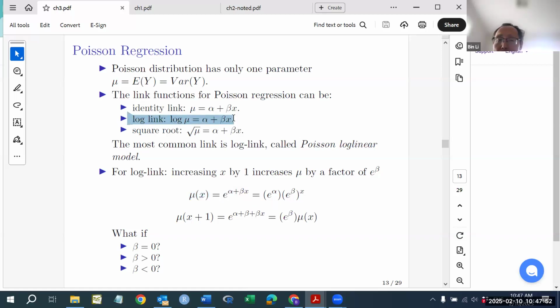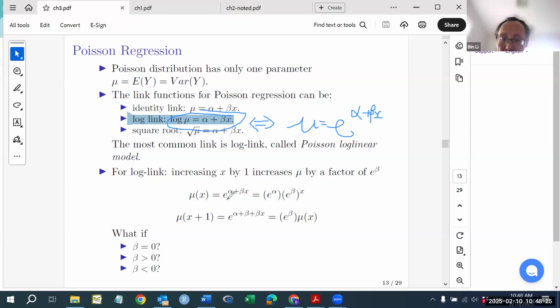Because if we model log mu as this, that is equivalent to modeling mu through the exponential of alpha plus beta x, because log and exponential are inverse functions.